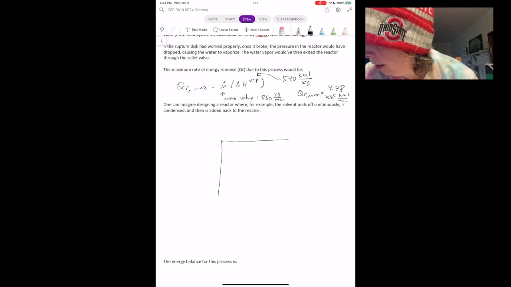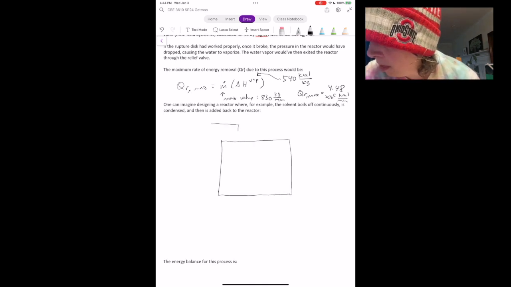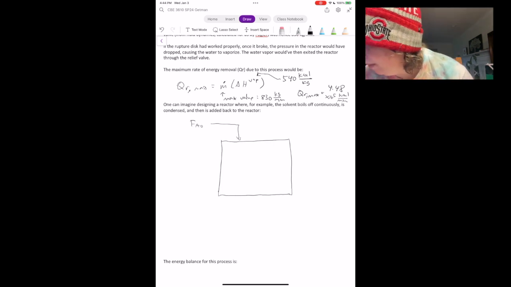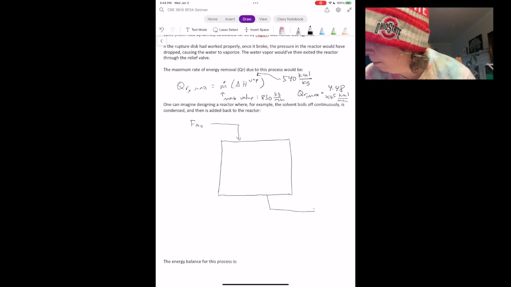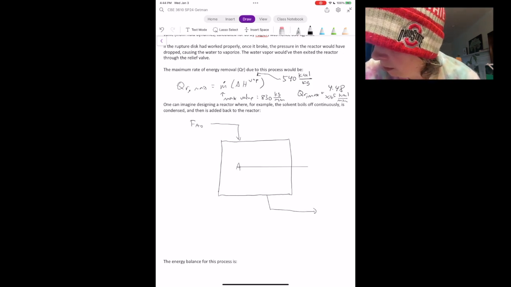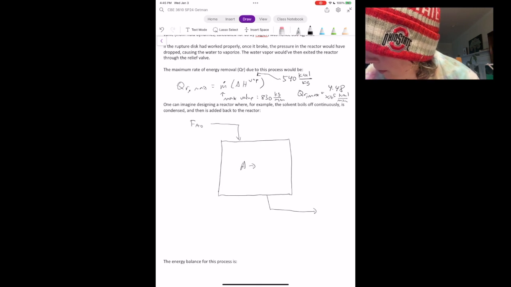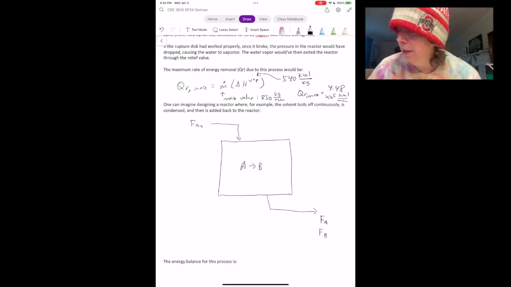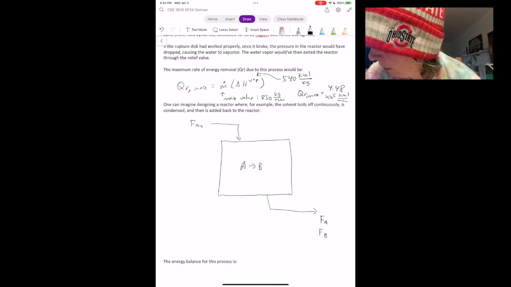We'll just draw a CSTR for the sake of simplicity. Maybe I'll do a simple reaction, an A goes to B reaction. And then coming out, I have FA and FB. And maybe this is all done in solvent, so the reaction occurs.